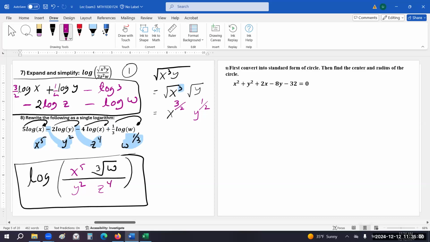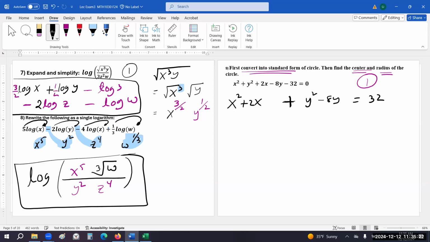The next one, you'll see this in the final. Convert into standard form and then find the center and radius. So we bring the x terms together and the y terms together. Get rid of the number from the left to the right. Completing the square: the first one gets the variable x.